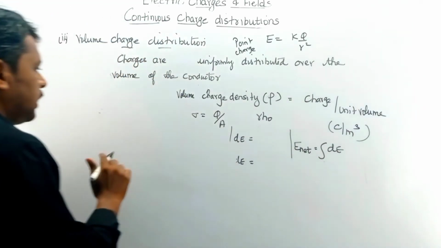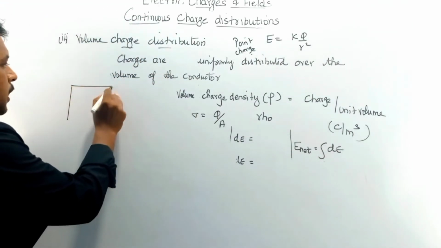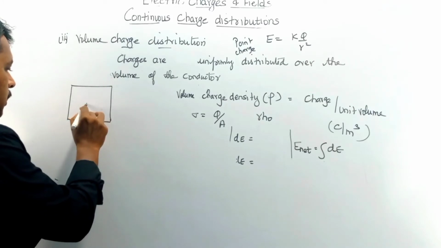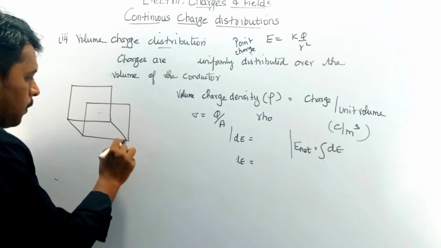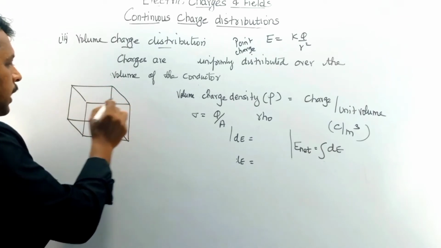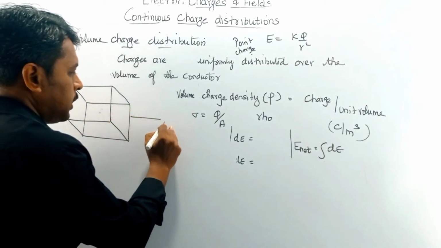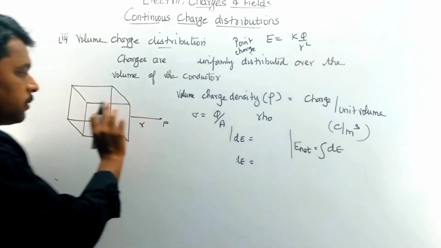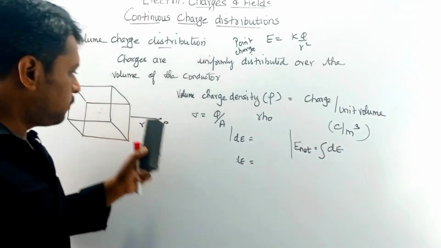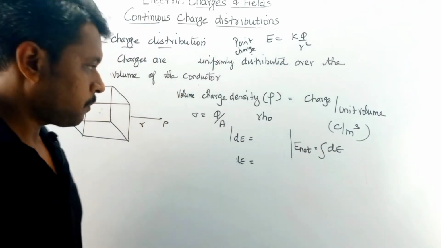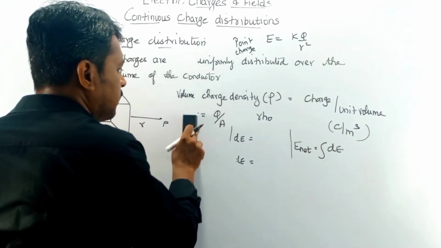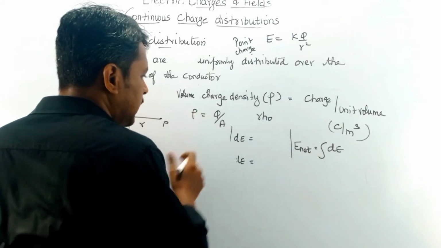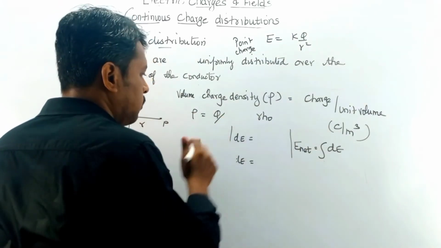Similarly, volume means let us consider a cube arrangement. So we have a cube arrangement. What could be the value of electric field at a point P from this cube arrangement, at a distance r? The value of rho is generally Q by V for volume.